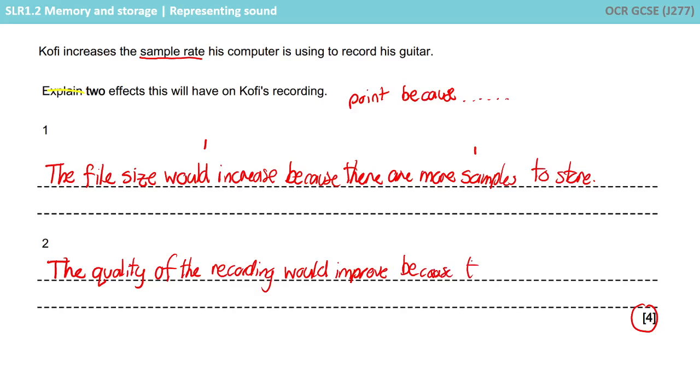Because the sound wave is more accurate to the original. Because you're making more samples, that means it's going to be a lot more accurate. There you go, 2 marks. Quality would improve because the sound wave is more accurate to the original. 4 marks. I'm going to have a quick sip of my coffee. If you want to copy that down, just pause it, that's fine.